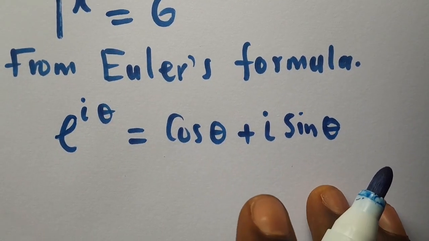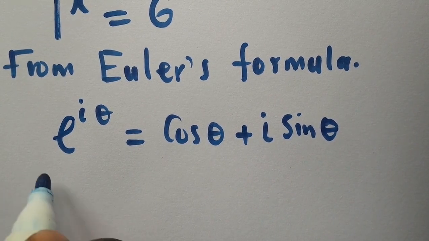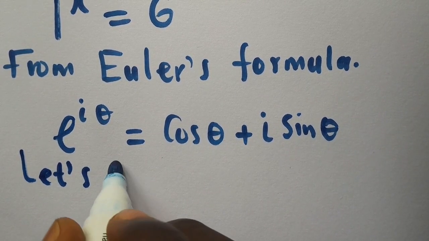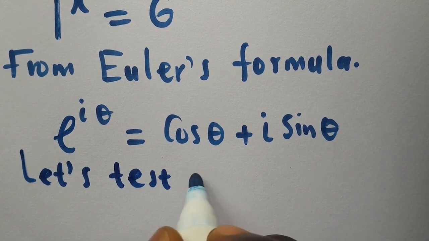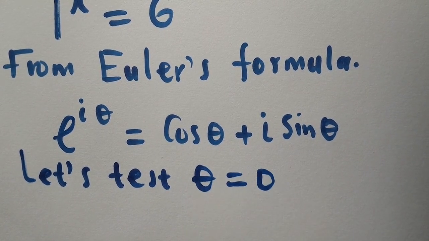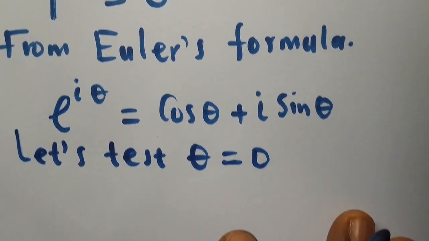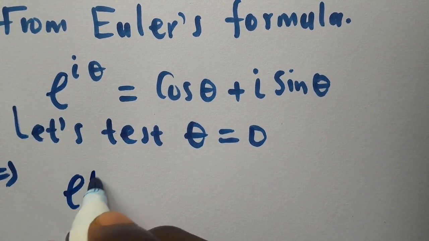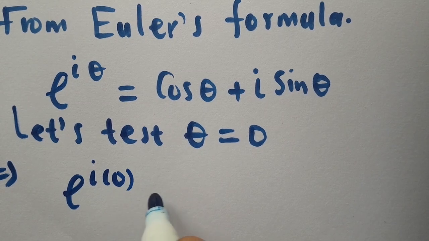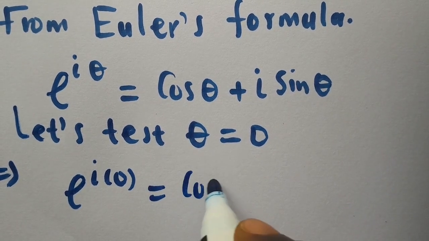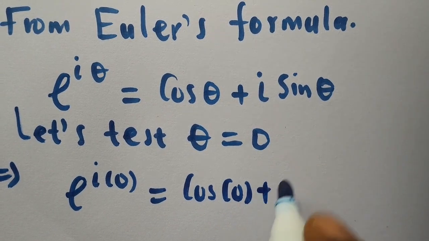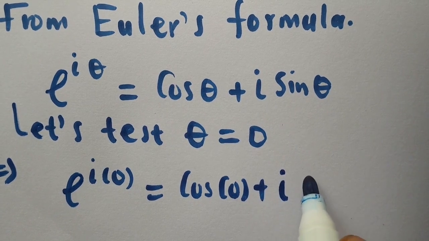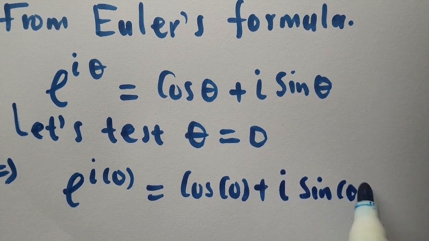Now guys, we have to test for theta equals 0 to see if the left hand side and the right hand side of Euler's formula would be the same before considering the formula. At theta equals 0, from the left, we have e to the power of i multiplied by 0 equals cos 0 plus i sine 0.